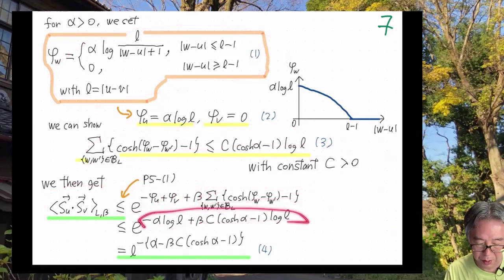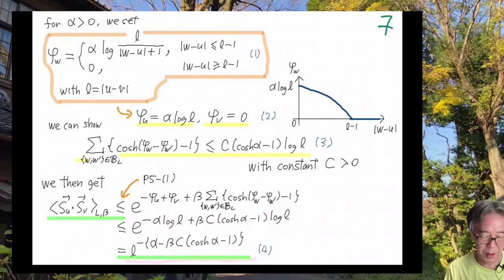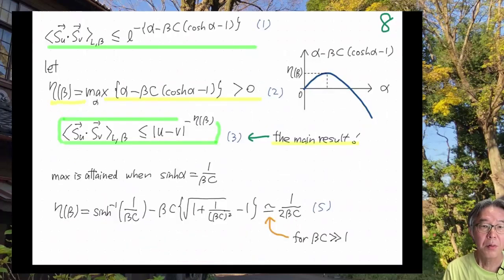Now we want this to be negative, but anyway, it can be made negative. Since we have log L here and here, you can rewrite this in this form, L to the power of this. So this is what we have proved.